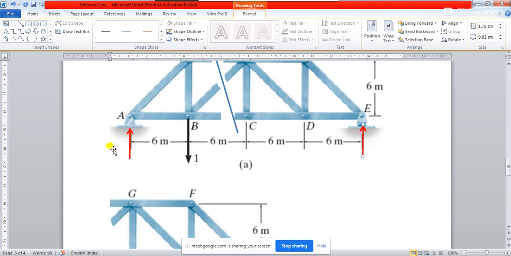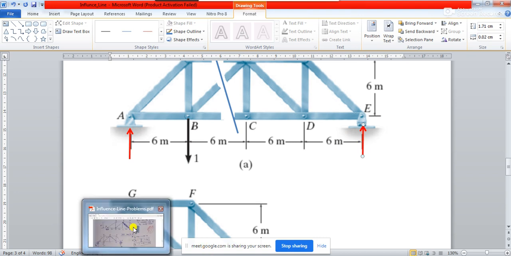When the load is moving to here, your reaction will be different. When the load is coming here, your reaction will be different. So let's say at the first position of the load, that means when the load is at B, then what is the reaction at A and what is the reaction at E?